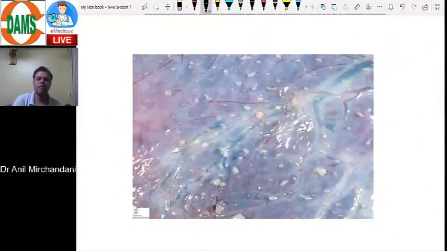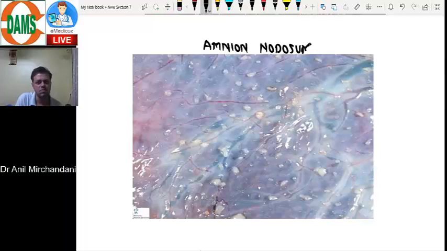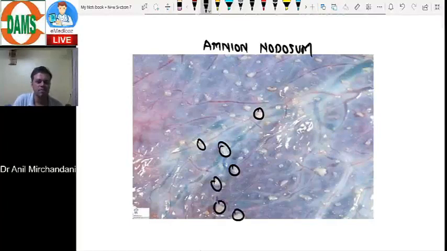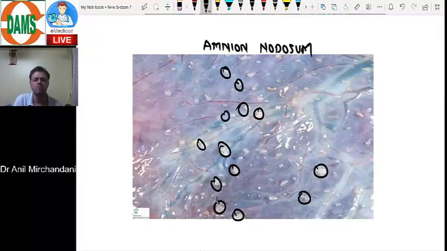This is a picture of amnion nodosum. Such nodular areas would be seen throughout the amniotic sac. Fibrotic areas. Amnion nodosum is a cause of oligohydramnios.